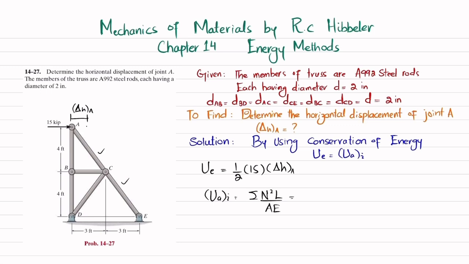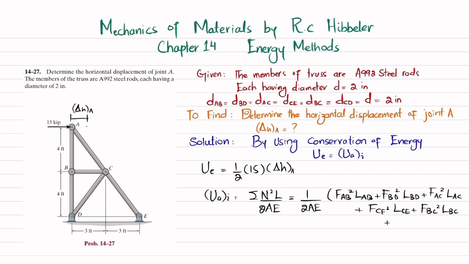We will find the forces in these members. Taking 1 over 2AE common, we are left with FAB square into length of AB, plus FBD square into length of BD, plus FAC square into length of AC, plus FCE square into LCE, plus FBC square into LBC, and the last one is FCD square into LCD.